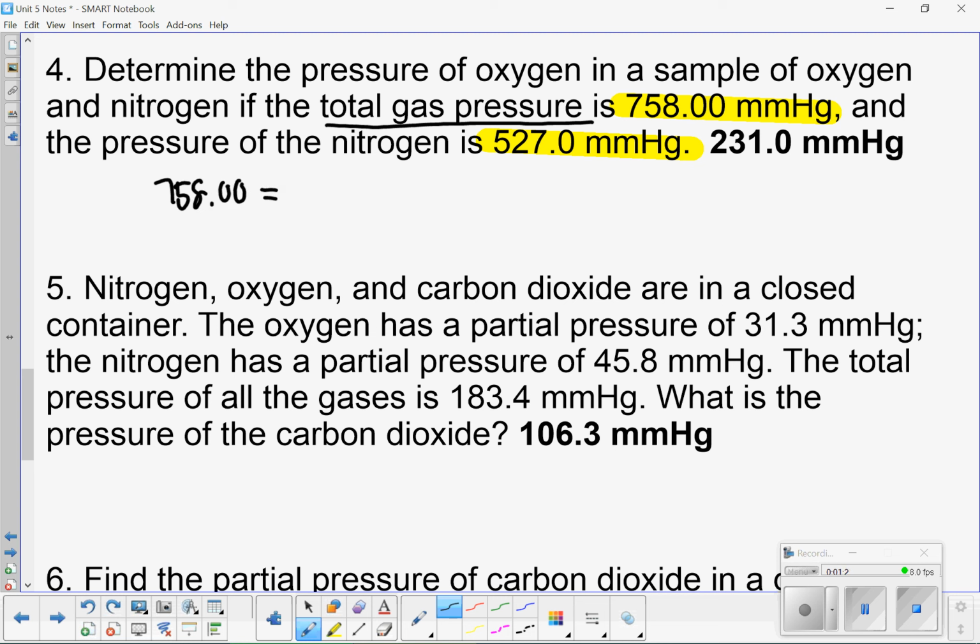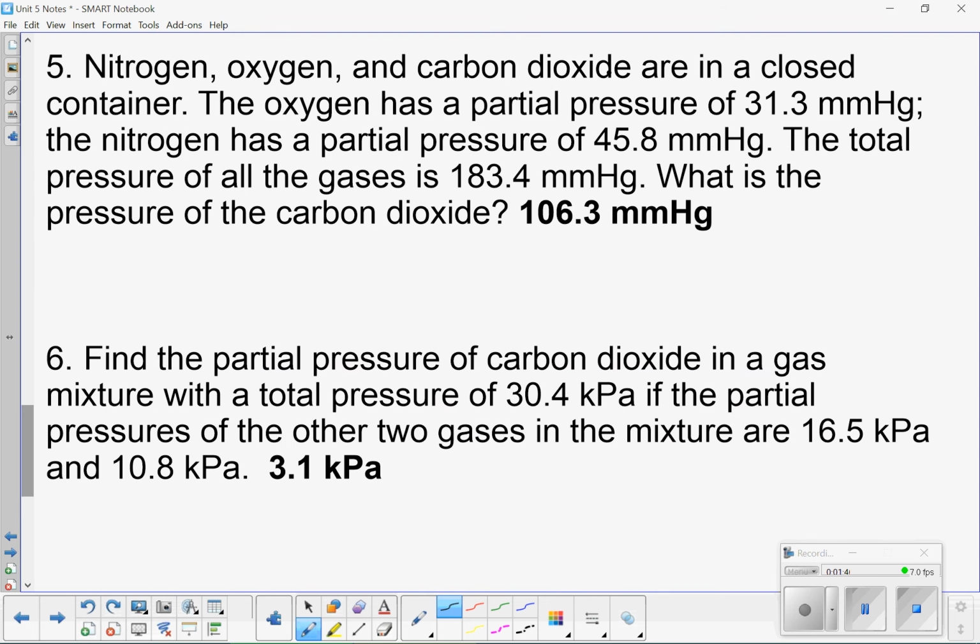That means I added some numbers up to get that. One of the numbers that I added was 527.00, so I'm looking for the other one. Once you set it up like this, just remember to subtract. This is your basic algebra. And that's where you get your answer of 231.0.